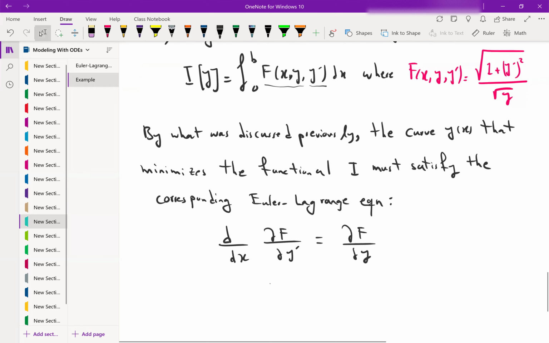Okay. So let me write the expression for f again, since we're going to use it repeatedly. We have f of x comma y prime. Here f is only a function of y and y prime. That's okay, it's a simpler case.